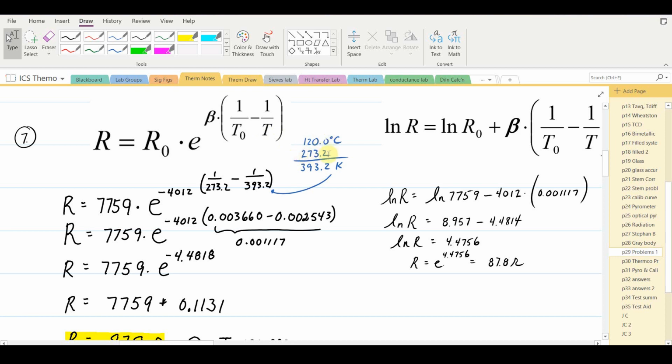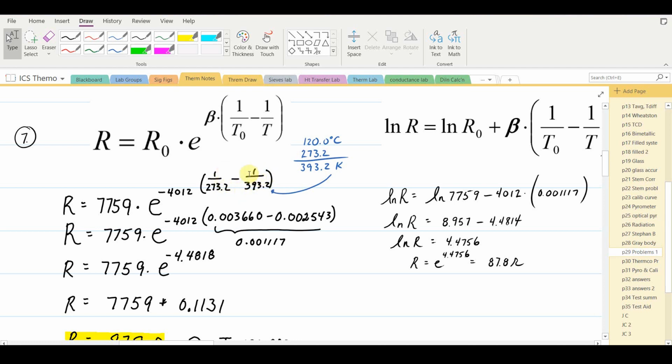We add 273.2 to that, get 393.2 Kelvin. So 1 over 393.2. Now I'm carrying the extra decimal here because this is in the exponent, and a small difference in the exponent can make a significant difference in the value, so I'll carry the extra digit here.